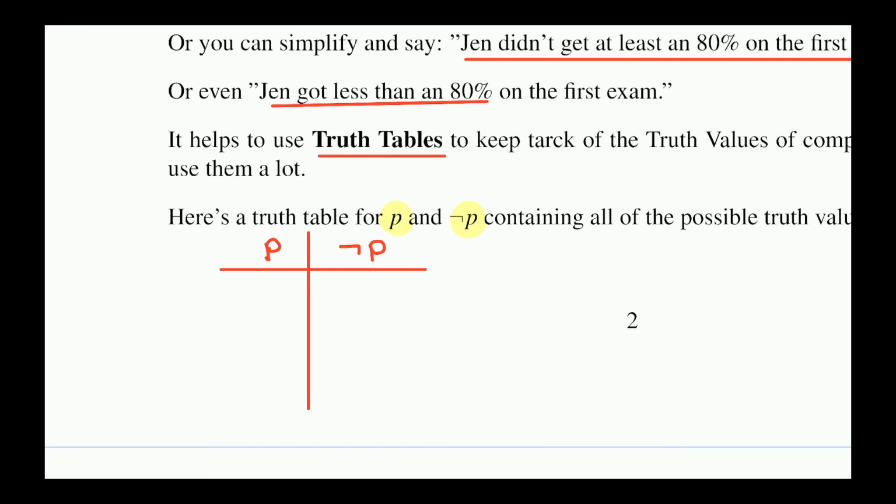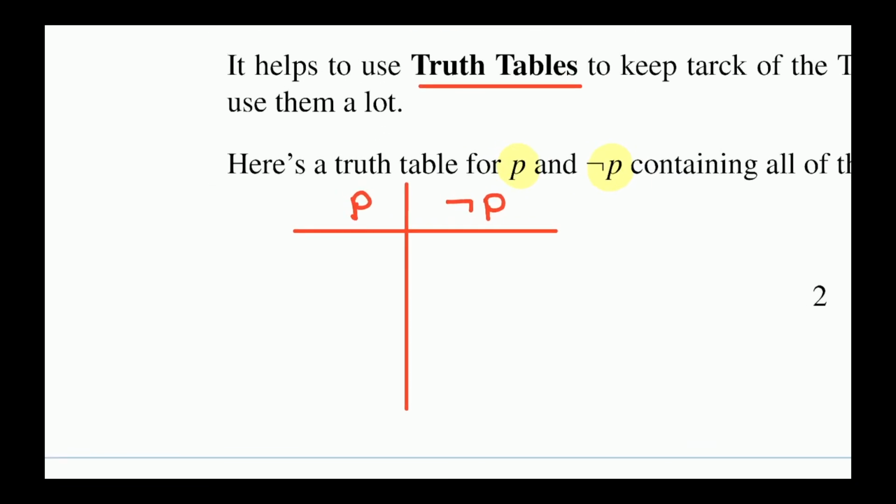Then for all of the propositions, not the compound propositions, right? This is a compound proposition because of the not right there. That doesn't count. But for the regular propositions like this, you need every combination of true and false down here.